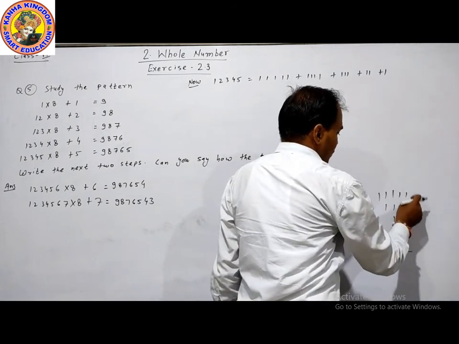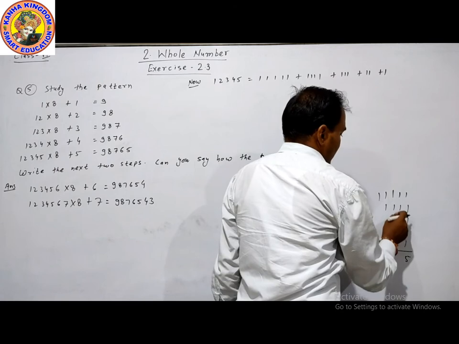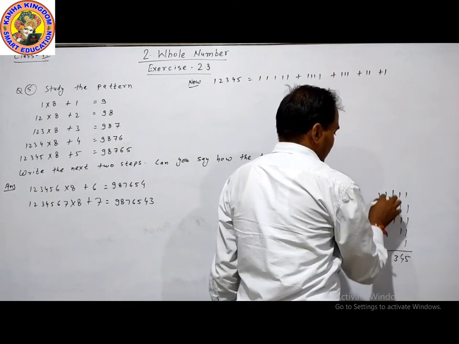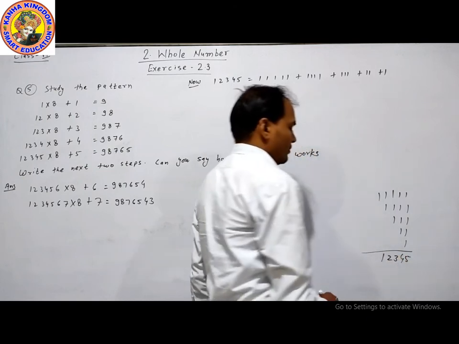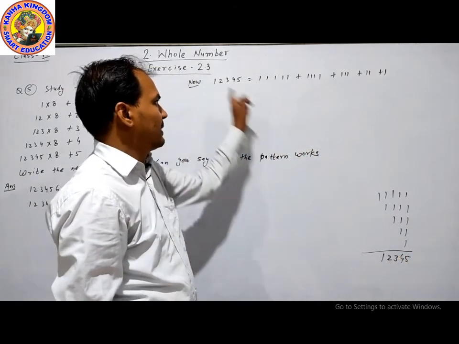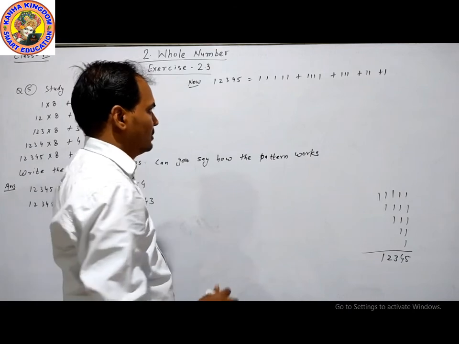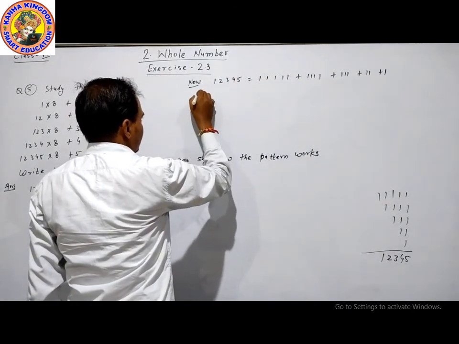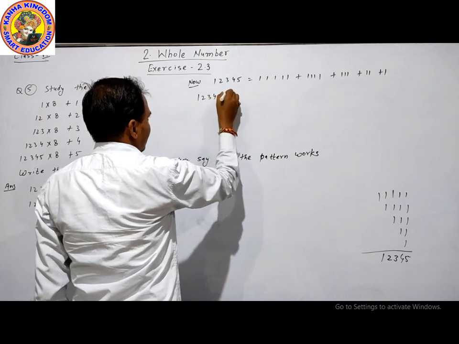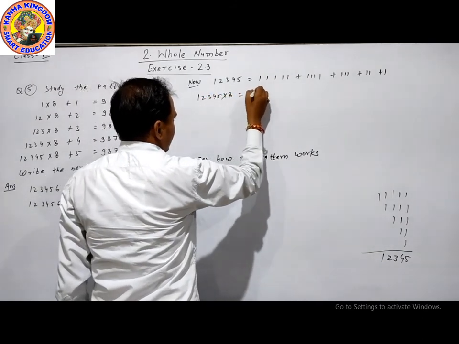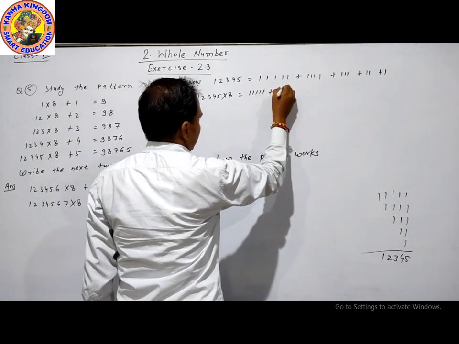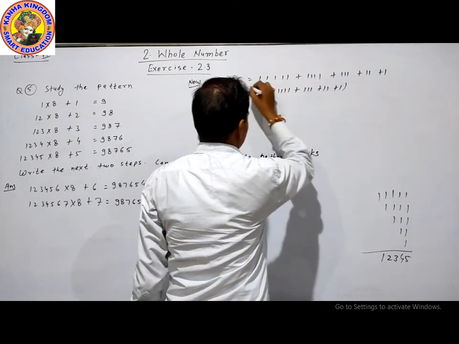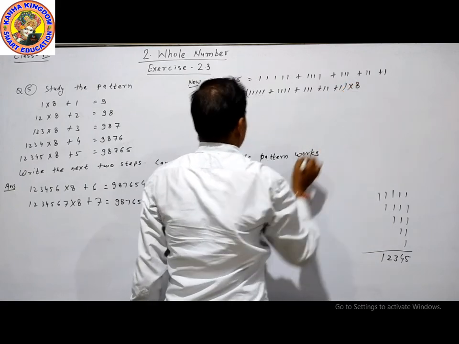1, 2, 3, 4, 5. 1, 2, 3, 4, 5 is this. Next step is 1, 2, 3, 4, 5 will multiply by 8. So 11111 plus 1111, triple 1, double 1, 1 into 8.